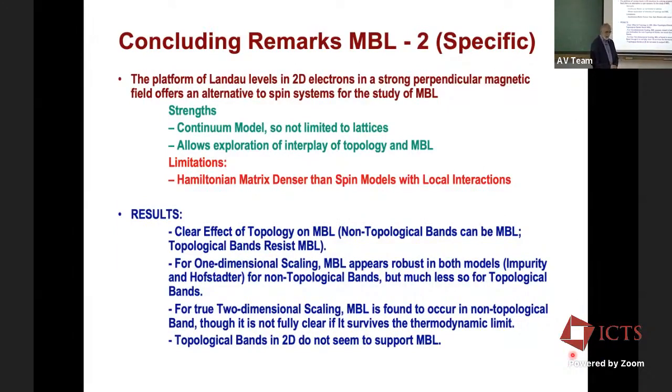Yes, that's because the first one, we were just looking at the ground state transition, the transition from the topological ground state to the non-topological ground state. Whereas when we are looking at eigenvalue statistics, we're looking at excited states. So we're looking at the typical state inside the many-body set, not the same transition.